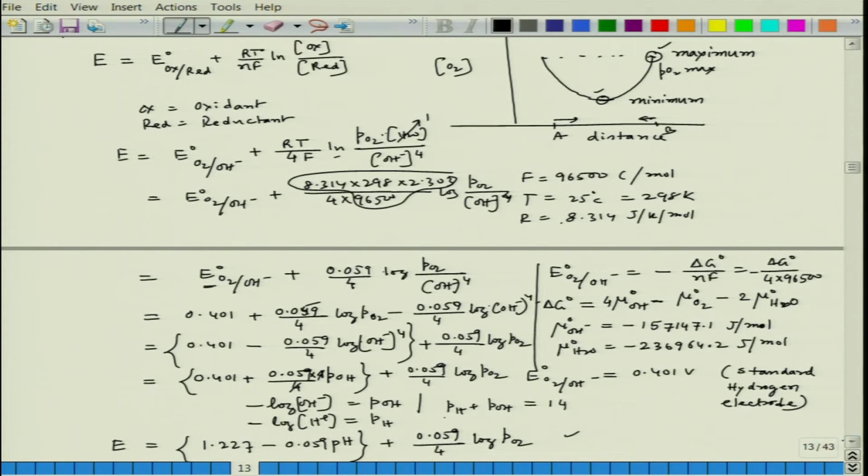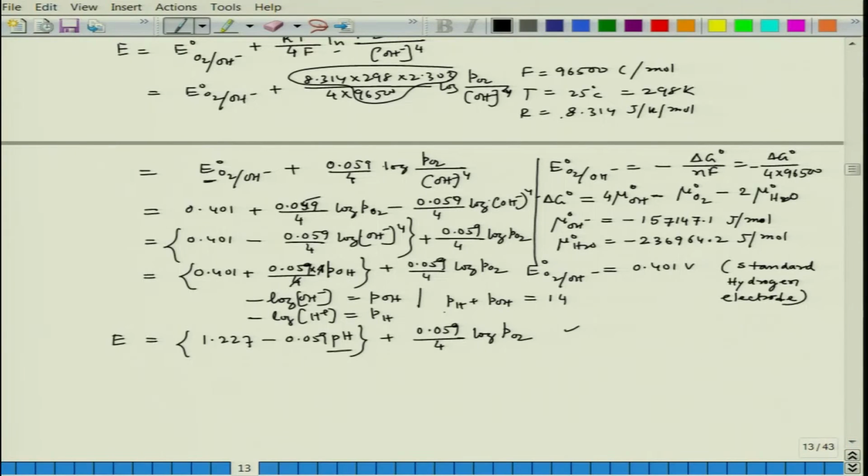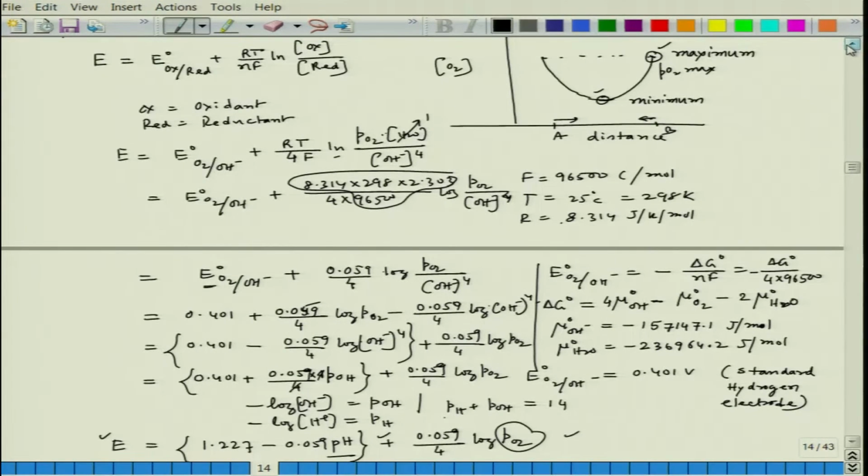So now if the pH is the same, fine, the only change is this one. If PO2 increases, this E would increase because there is a positive sign, and if PO2 decreases, E decreases. And this is about reduction potential.